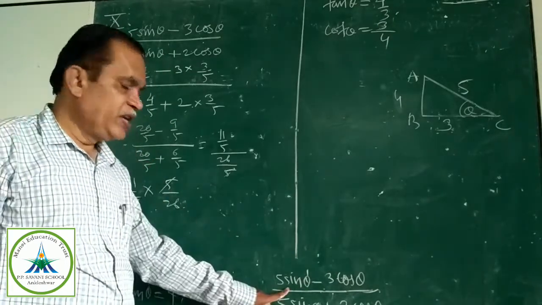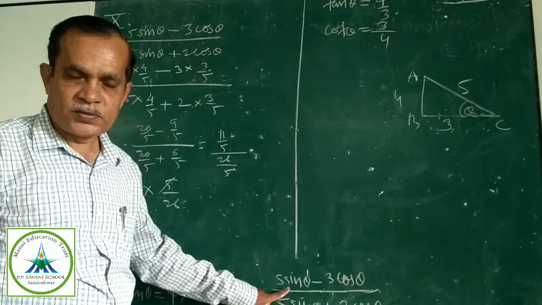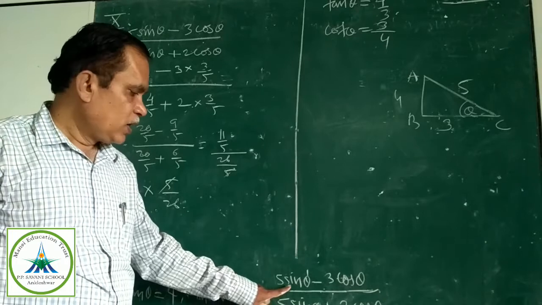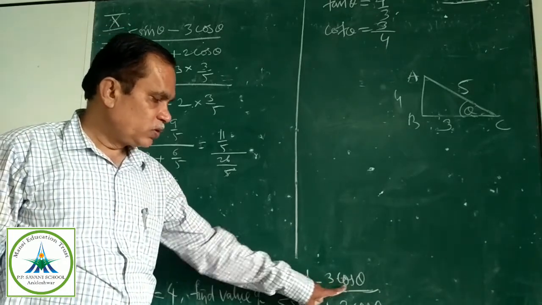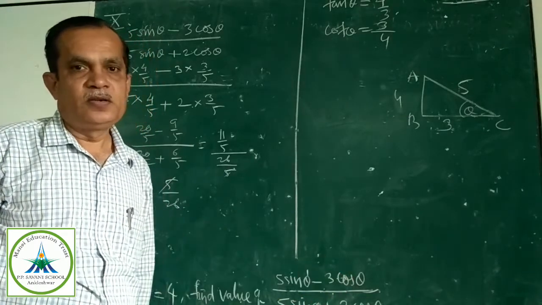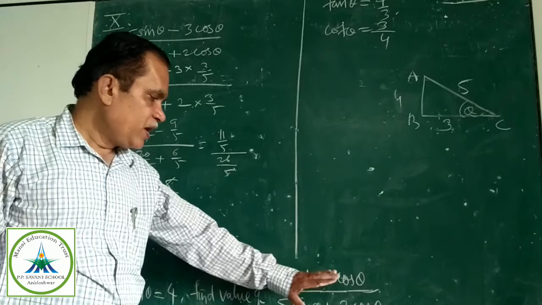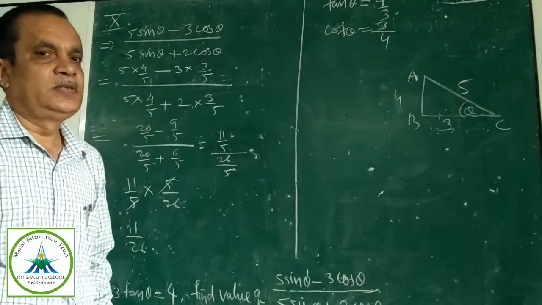To convert sine into tan, I have to divide sine by cos, so I divide both numerator and denominator by cos, or by sine. It is up to us.